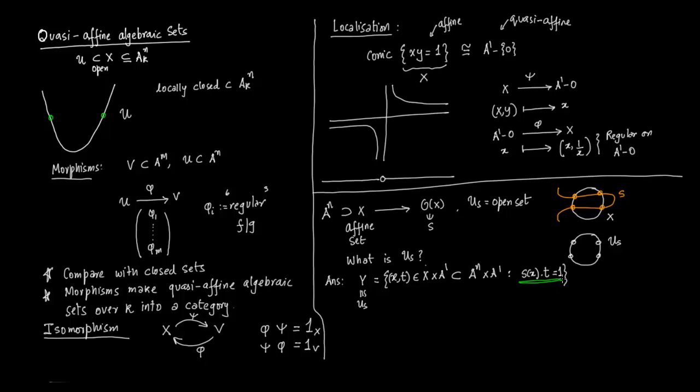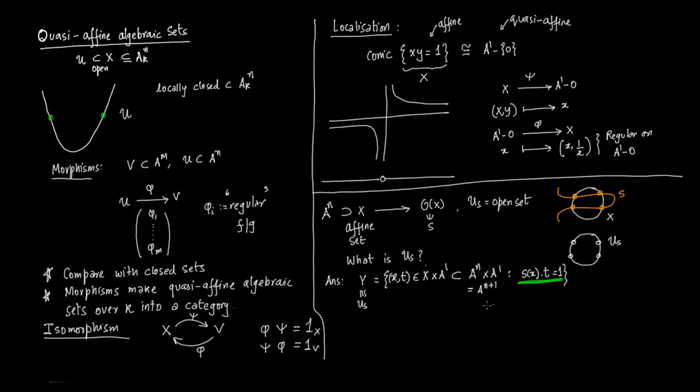Now this is important. Notice that now we have a polynomial. Because A^n times A^1 is A^(n+1), we have a polynomial in A^(n+1). We have just adjoined another variable t to it. So suppose you have x1, x2 all the way to xn, now you have adjoined t to it. So you have A^(n+1).